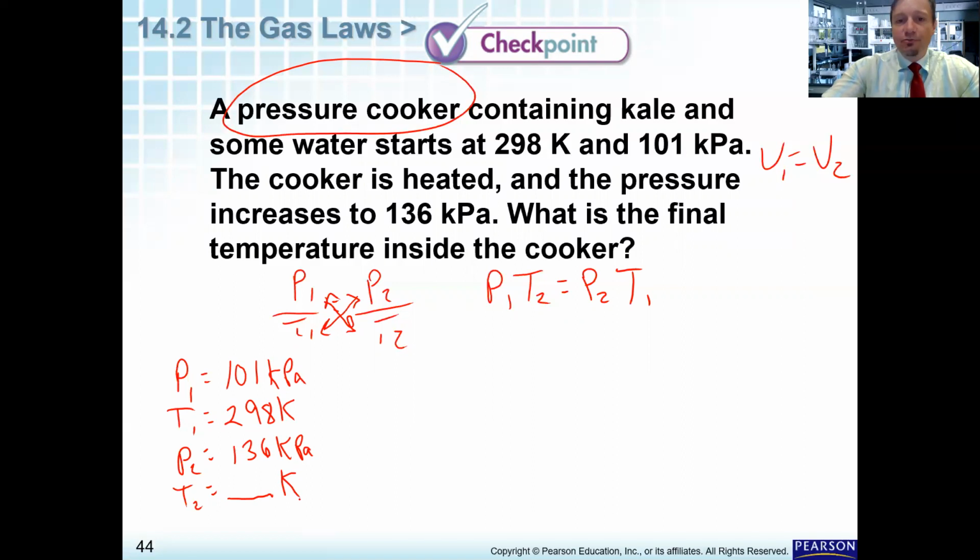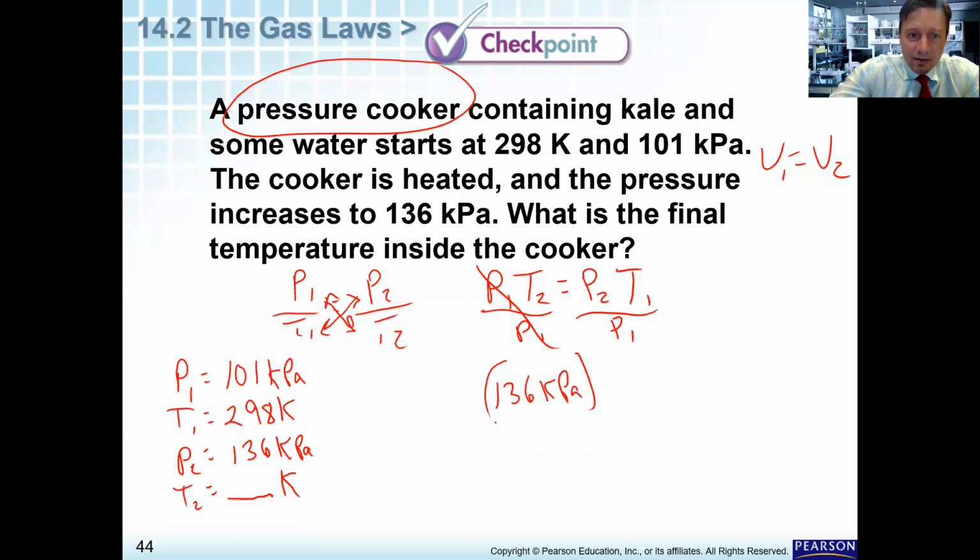So I'm going to plug this right into this particular problem. I am solving for T2, so I get rid of P1, cross them off, and now I'm going to plug this all in. I have P2, which is 136 kilopascals, my T1 is 298 Kelvin, and my pressure 1 is 101 kilopascals.